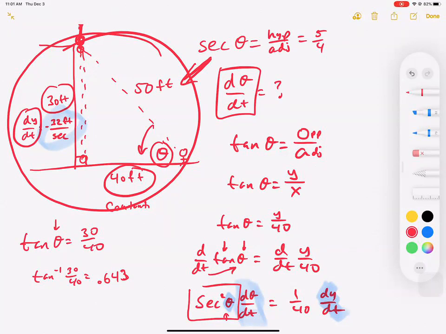Now, if I took my calculator here, remember how I got 0.64 something?